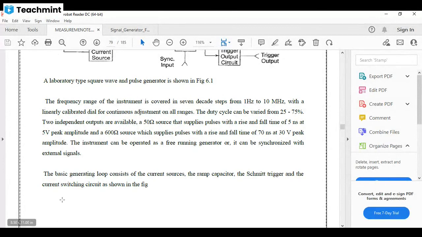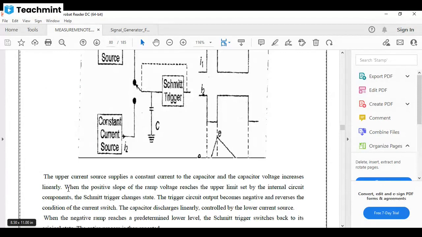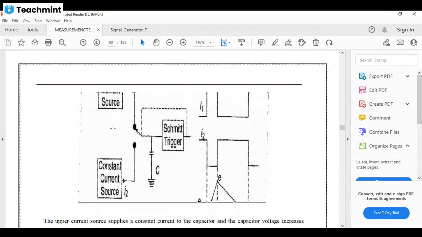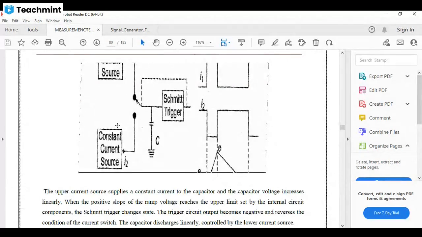It is a symmetric figure. The upper current source supplies a constant current to the capacitor, and the capacitor voltage increases linearly.